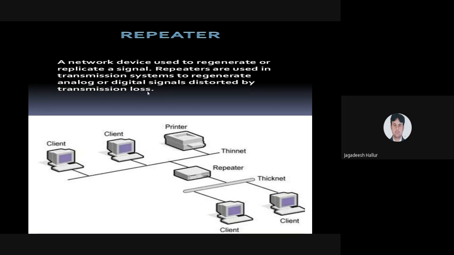A repeater is a device used to regenerate or replicate the signal. In between this 500 kilometers, we install repeater devices for strengthening the signal. If you want to send data for 500 kilometers, between 200 to 250 kilometers you have to install one repeater so that we can re-strengthen the signal.